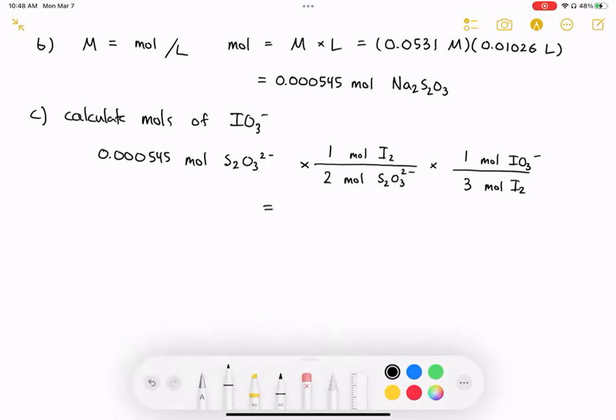And then what we're left with is a value of 0.0000908 moles iodate. So that's how many moles of iodate was in solution. All right, good.